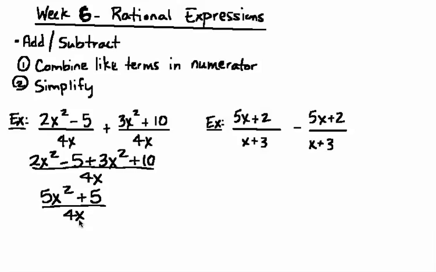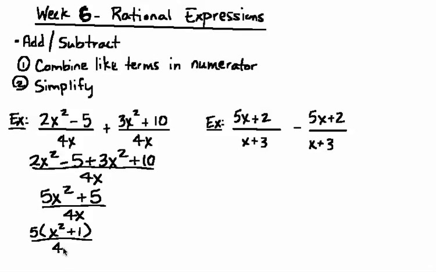And then that's your answer, but you always want to simplify by factoring the numerator and denominator to see if anything else will cancel. In the numerator, you can factor out the greatest common factor, which is 5. You'd have left over x squared plus 1, because 5x squared divided by 5 is x squared, and 5 divided by 5 is 1.